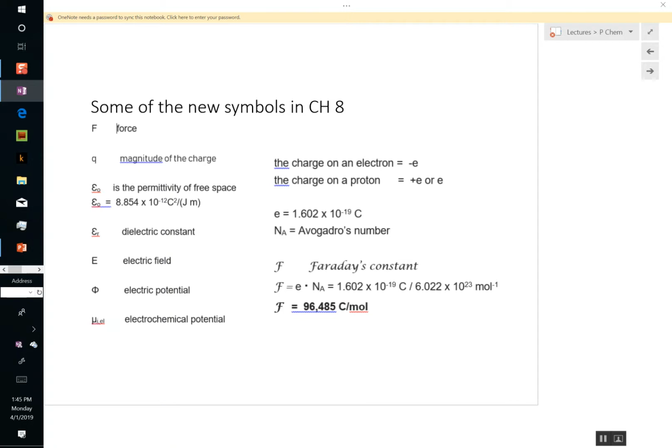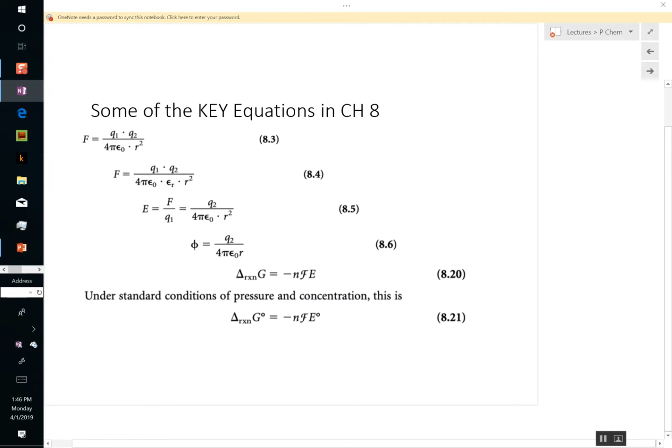So before we start looking at a whole bunch of equations, and I'm not even sure that's all the symbols. Those are the major symbols in chapter 8. And this next slide is some of the key equations. So don't think that's a derivation down through here.